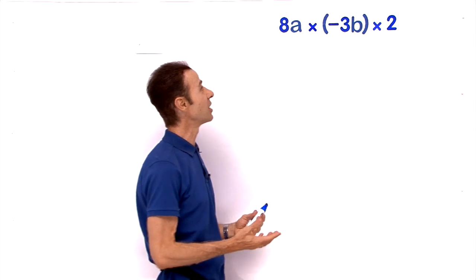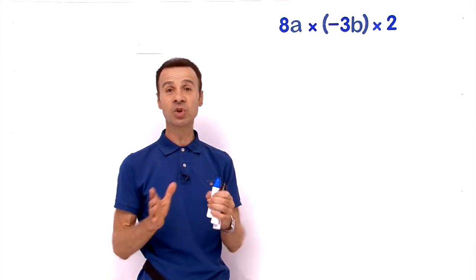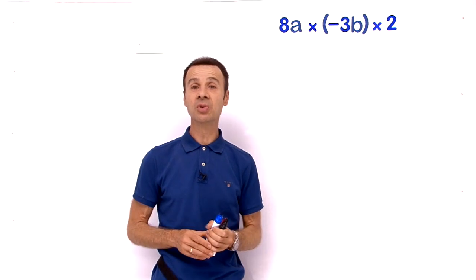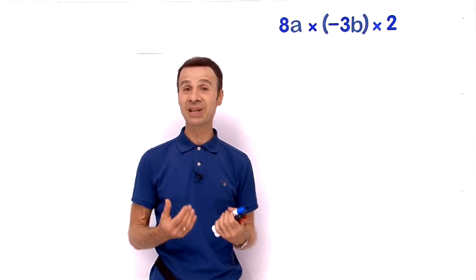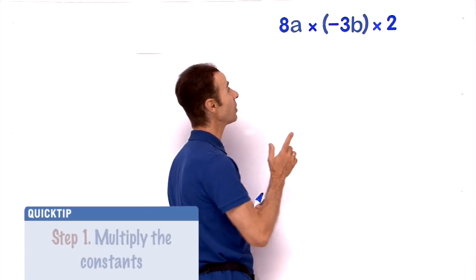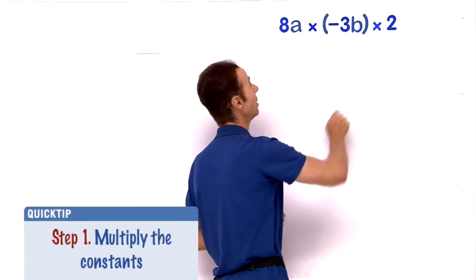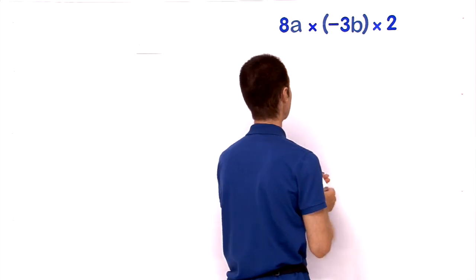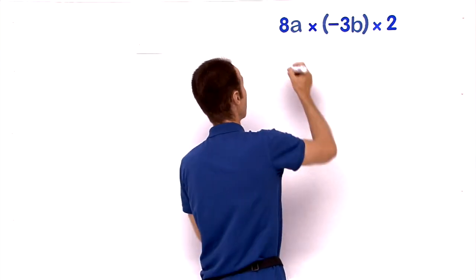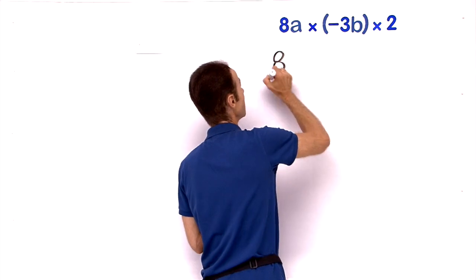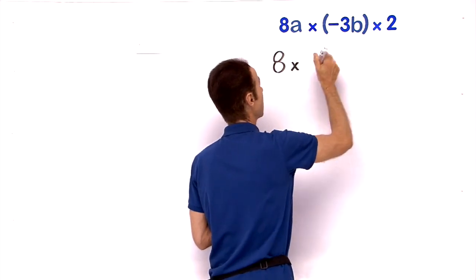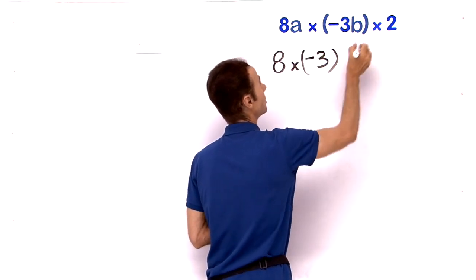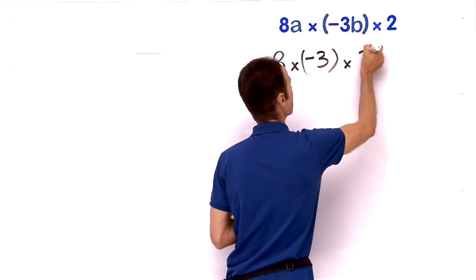Well, first of all, the first thing you want to do when you're multiplying positive and negative variables is to bring together the numbers. Let's multiply out the numbers. If I separate the numbers, we have an 8, a minus 3, and a positive 2. So we've got a positive 8, times negative 3, I'll put brackets around that, times positive 2.